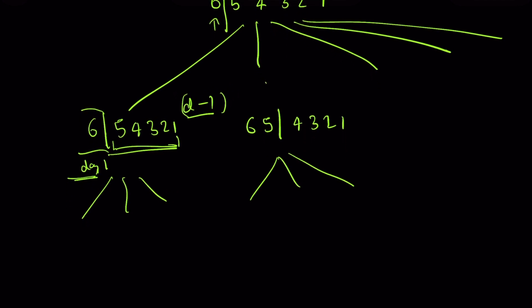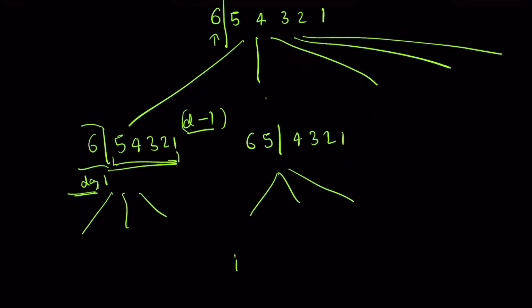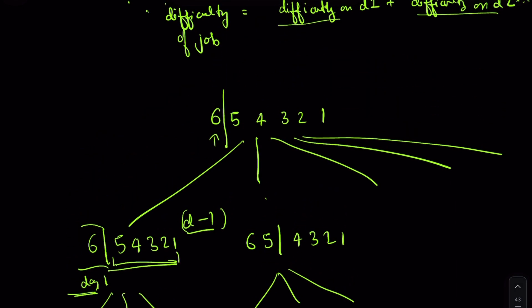Okay, so what all things are changing in this tree diagram? So one thing we are changing is the index and also the days or partition. So here you had day 2 or partition 1.